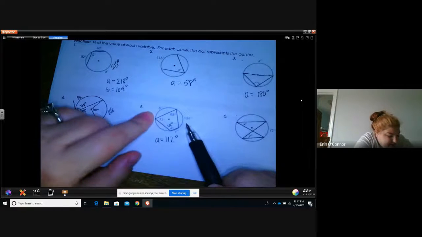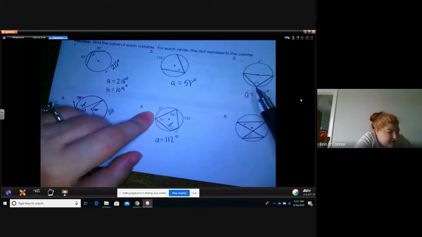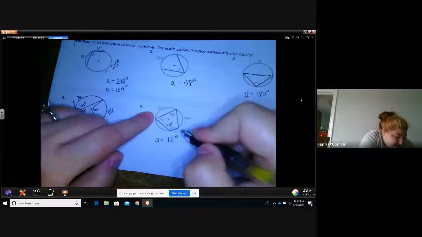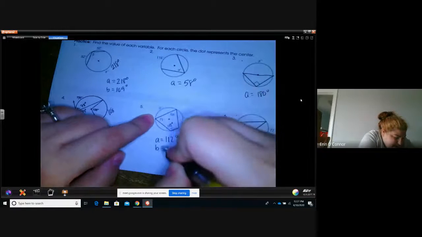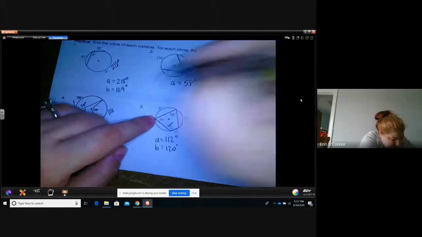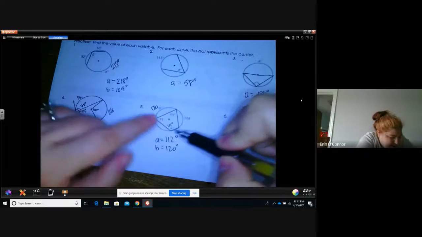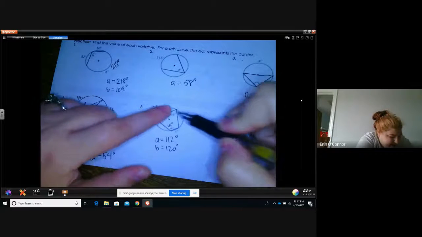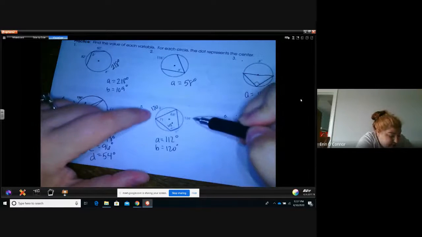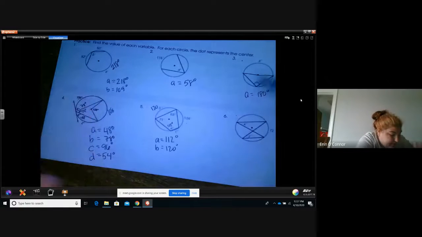Double 112 is 224. 224 minus 104 is 120. So B would be 120. Again, I got that because 112 doubled is 224. These two have to be equal to 224. 120 plus 104 is 224.